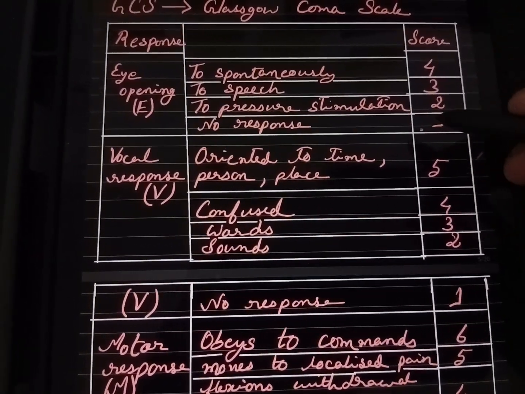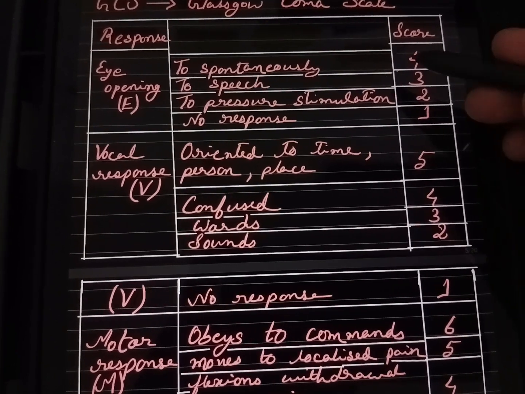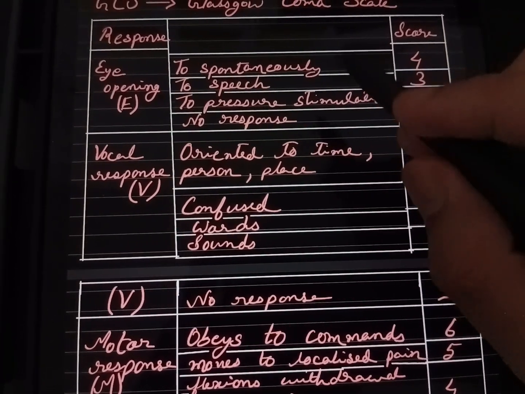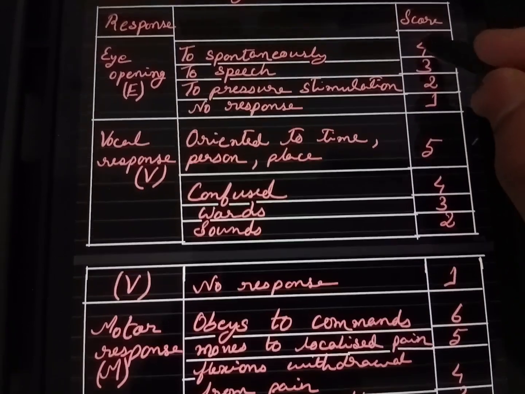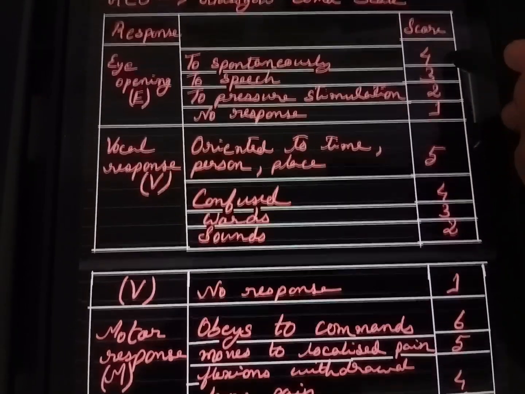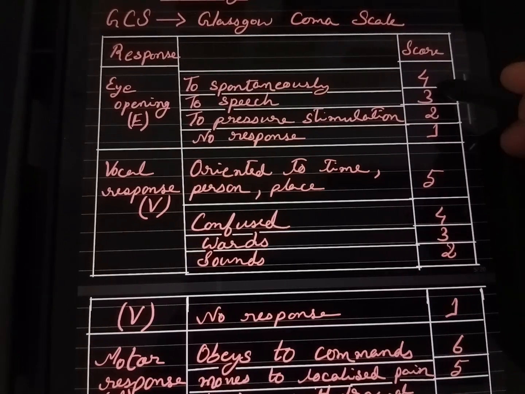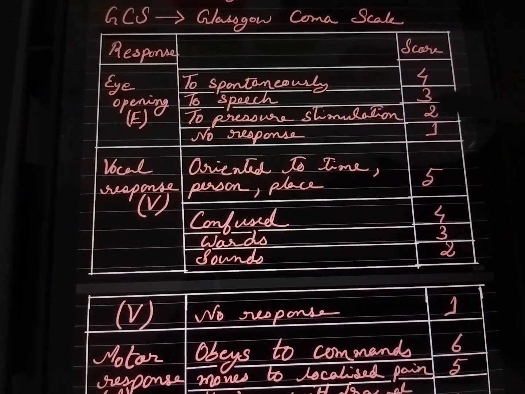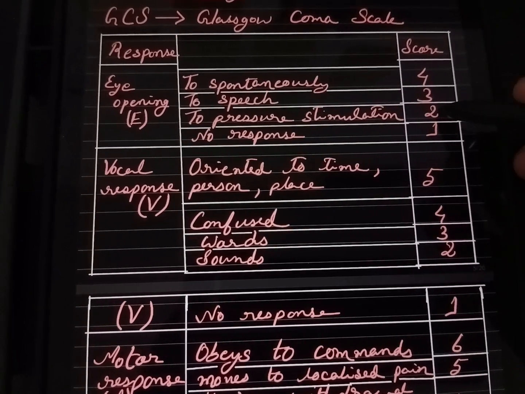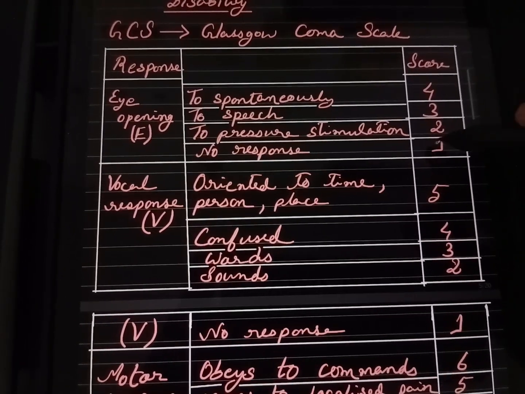If the eyes open spontaneously, it is given 4. If they open to speech, it is 3. If they open to pressure stimulation, it is 2. And if there is no eye opening, it is 1.